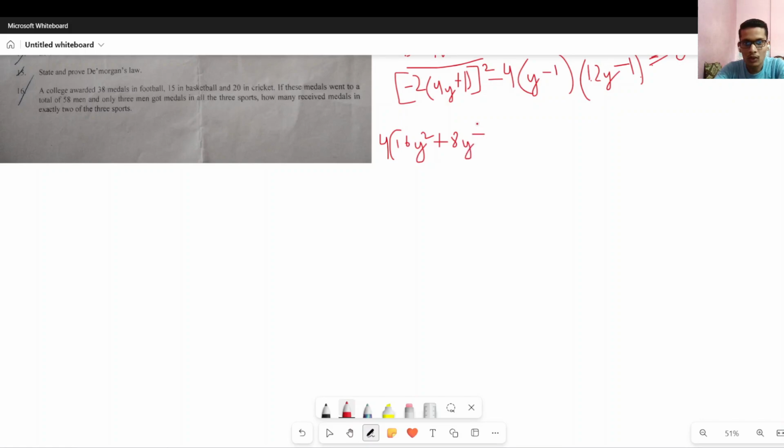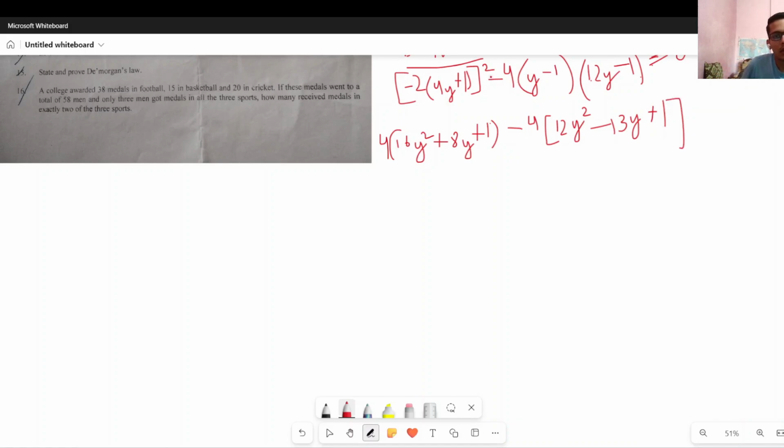This will be plus 1 only, and here the bracket will be closed. Then negative 4. Here it will be 12y square and minus 13y, then plus 1.